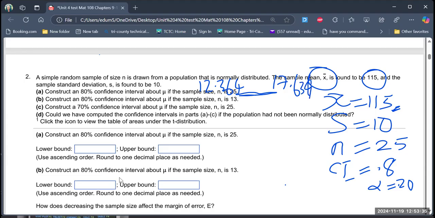This just reminds us how to do a confidence interval. And the point estimate is X bar, and X bar is already given to us.